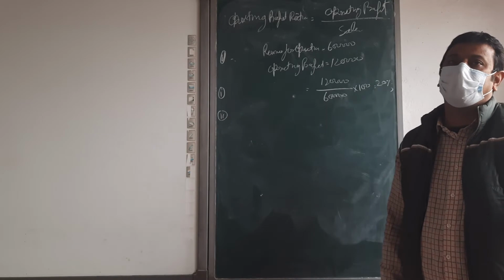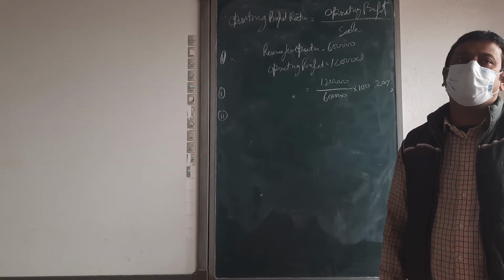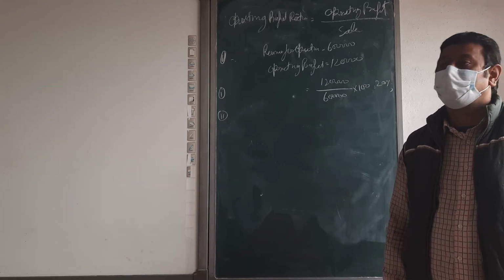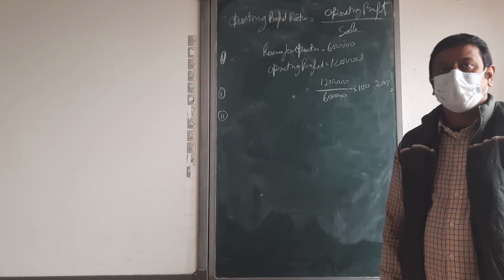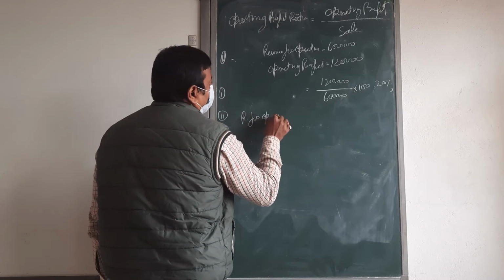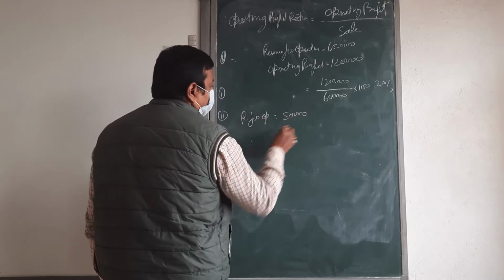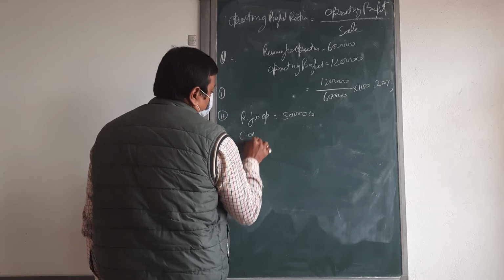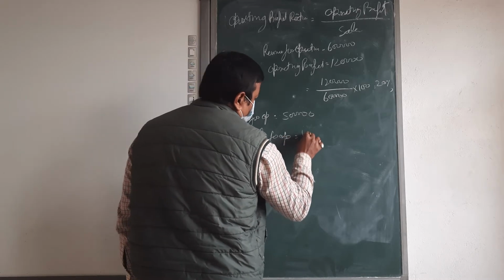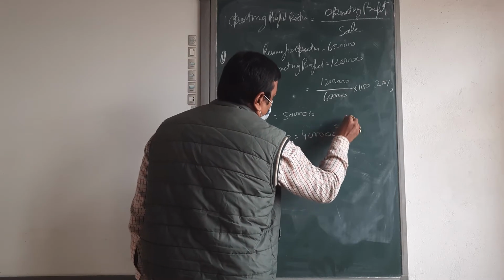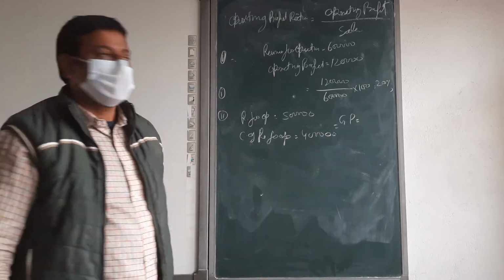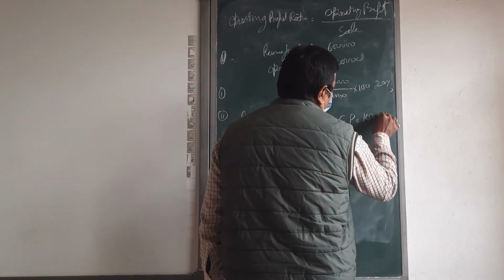For that we are going to calculate revenue from operation, 5 lakh, and cost of revenue from operation, 4 lakh. The difference of these two, beta, is gross profit, and the gross profit amount is 1 lakh.